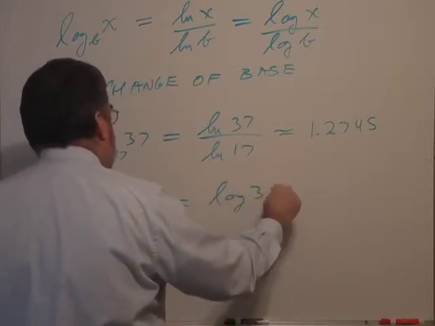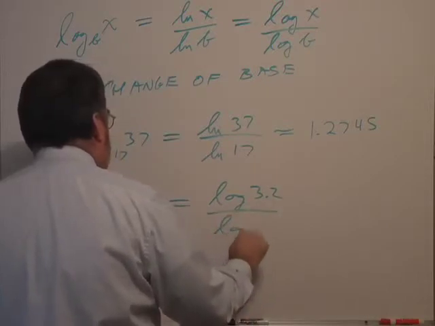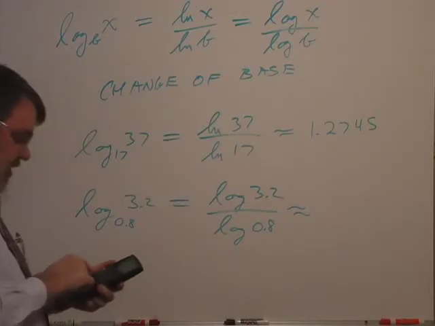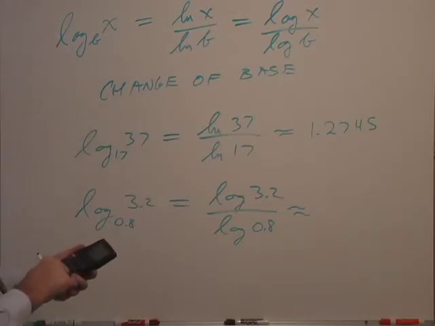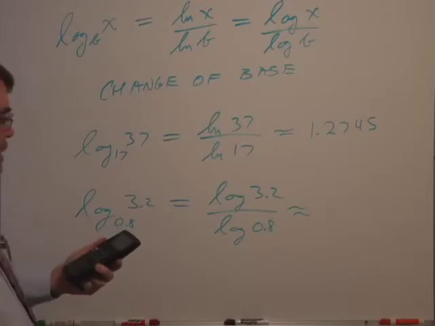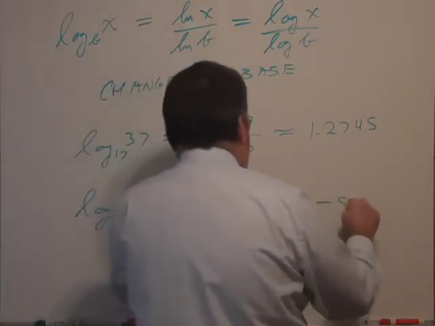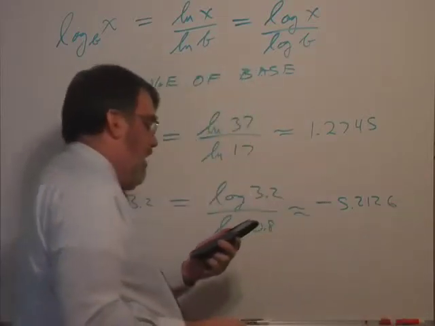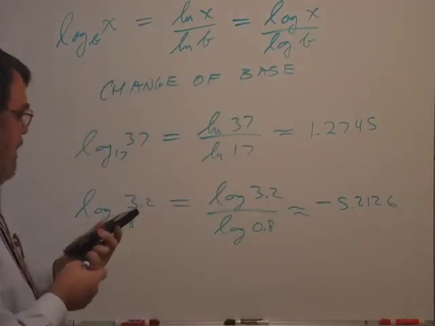LOG 3.2 over LOG 0.8. And let's see, log 3.2 divided by log 0.8 is negative 5.2126. So I had to round up to go to 4 places.